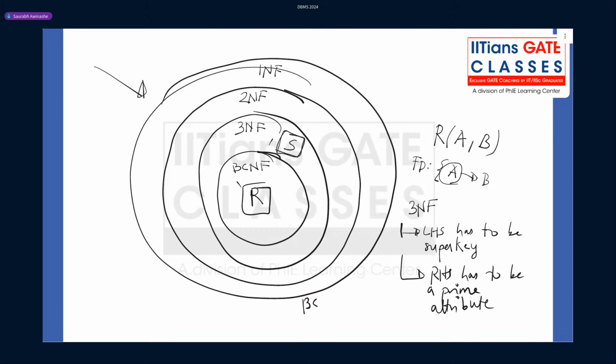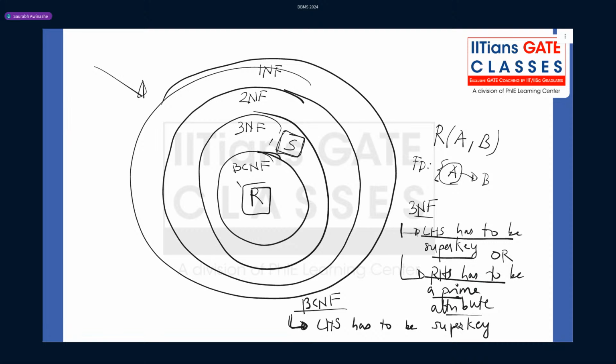And for BCNF, the LHS has to be a super key. So if we look at the definition, 3NF allows functional dependencies where either of these are true. So this is an or: either the LHS can be a super key or the RHS can be a prime attribute.